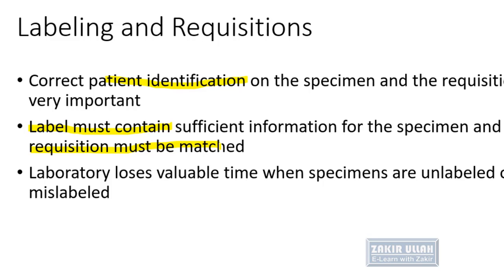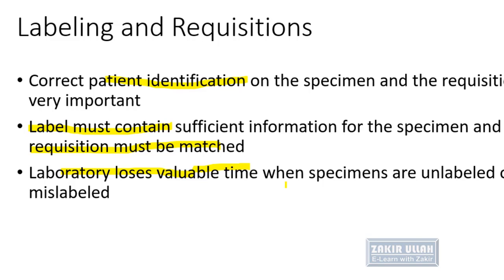If there is any mismatch between the labeling of the container and the labeling of the request form, very valuable time is lost, and sometimes specimens of a very important nature are lost.